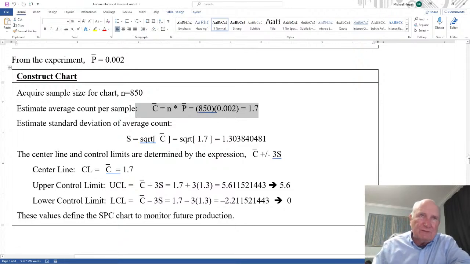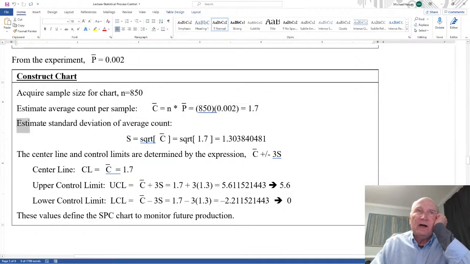The average count. Next, we need the standard deviation of the mean. Here is a really good property of the Poisson distribution. The variance of the count is the same as the mean. The mean and variance are the same thing.